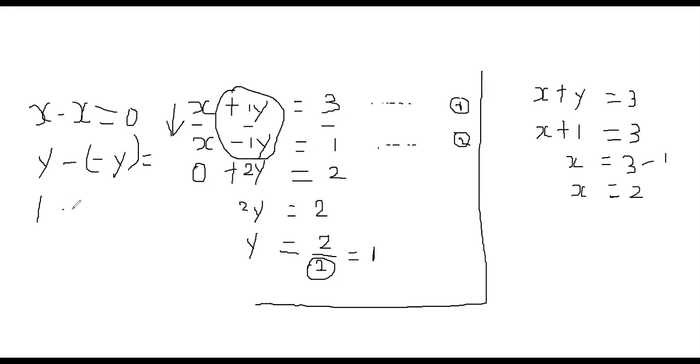Then we subtract from it the number that is in front of y at the bottom, which is minus 1. So 1 minus a negative 1. We place that in the calculator, we get 2. So therefore, y minus negative y will give us 2y.